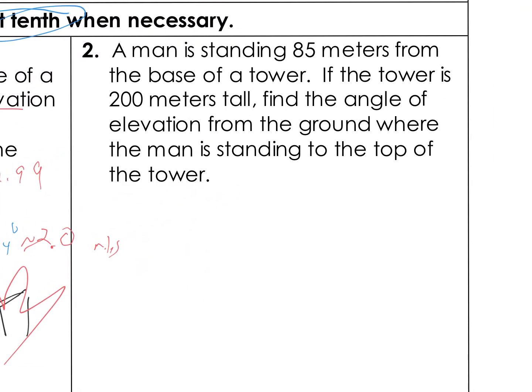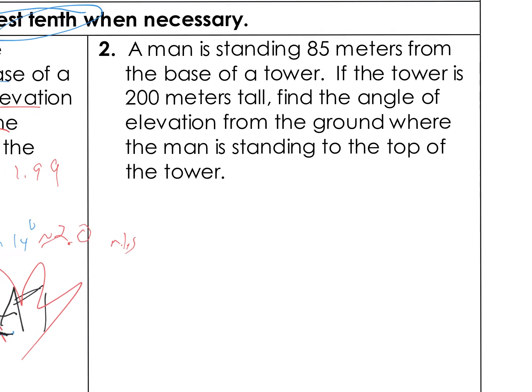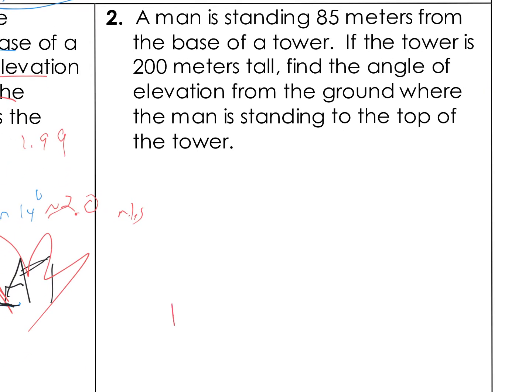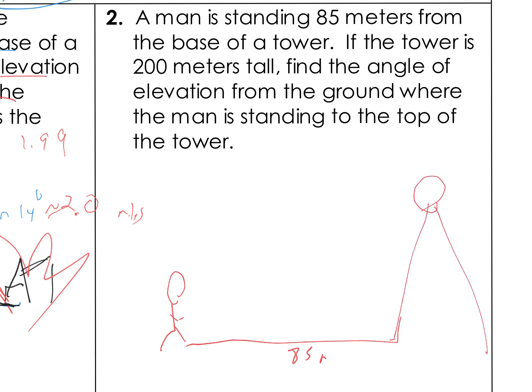Number 2. A man is standing 85 meters from the base of a tower. So here's a man standing 85 meters from a tower. So there's the tower. What else do I know? The tower is 200 meters tall.